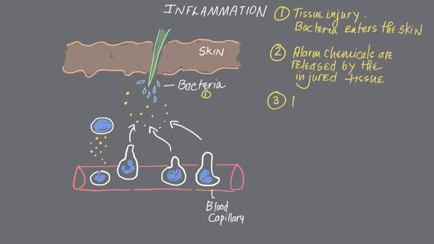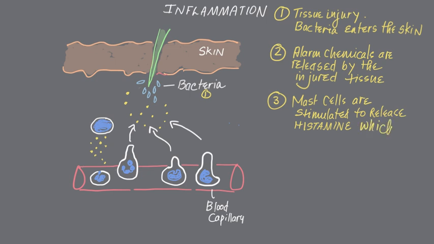The third step is that mast cells are stimulated. Mast cells are cousins of basophil. They are like the basophil, and they release histamine. And histamine is known to make capillaries leaky so that more things can come out of the capillary.